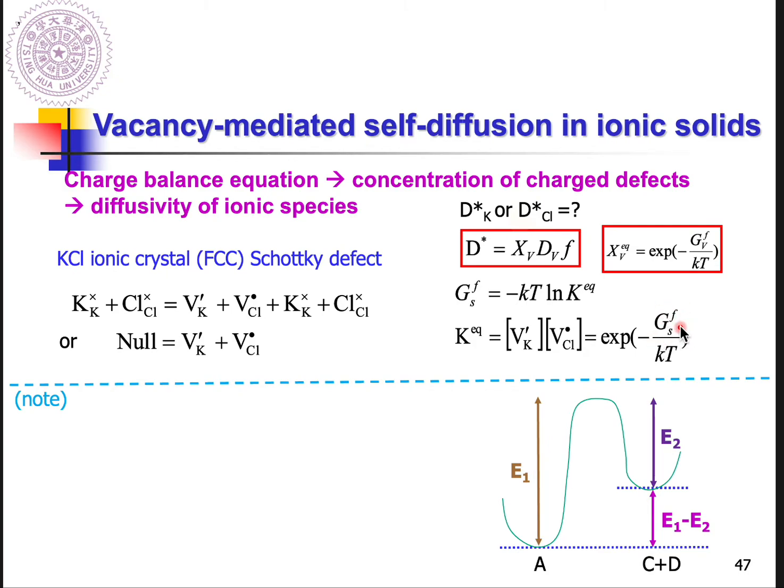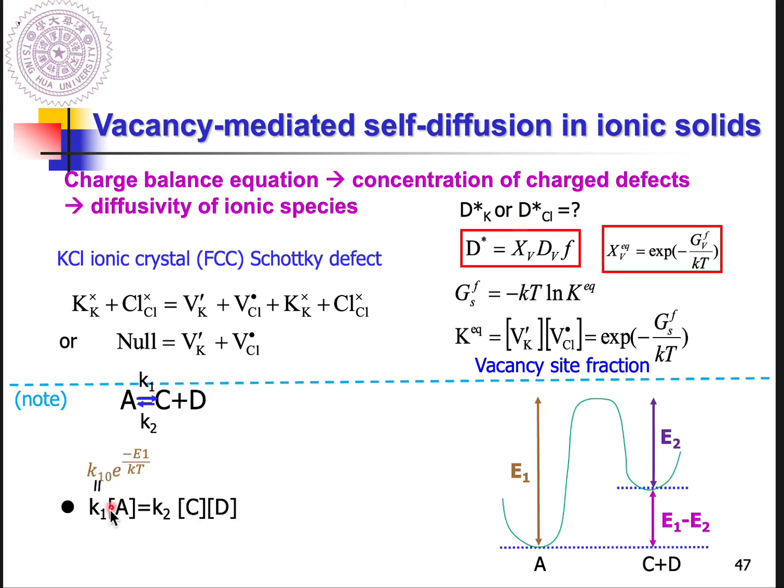In order to explain this more, we just use A converting to C and D as an example. The forward rate constant will be K1 and the backward will be K2. So you can easily write down K1 times the concentration of A equals K2 times the concentration of C and D.